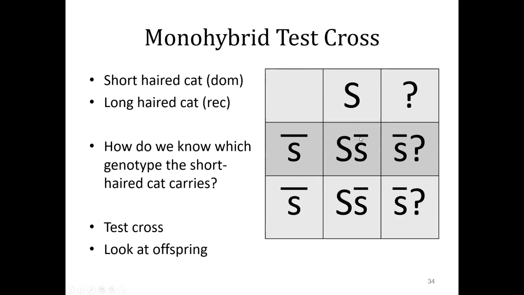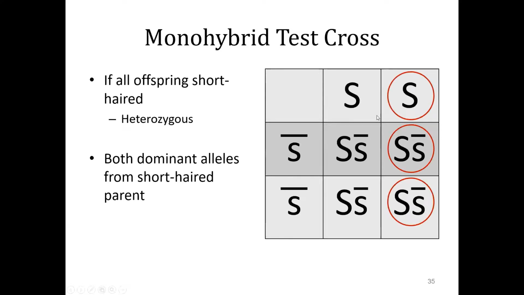So then we can look at the offspring. If all of the offspring are short-haired, we can assume, well, let me just show you. This S would come from the one we knew about. If the offspring were short-haired, all that this parent could give would be the lowercase s. So in order for this to be a heterozygote, the dominant allele had to have come from the other parent.